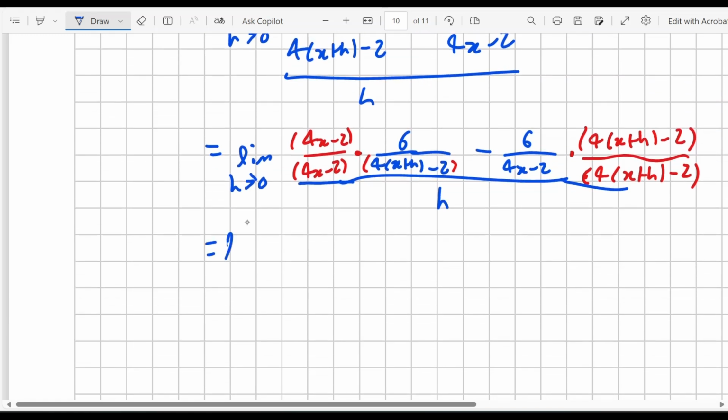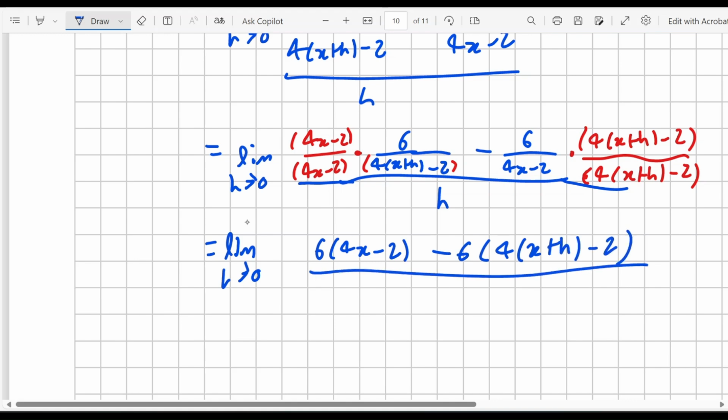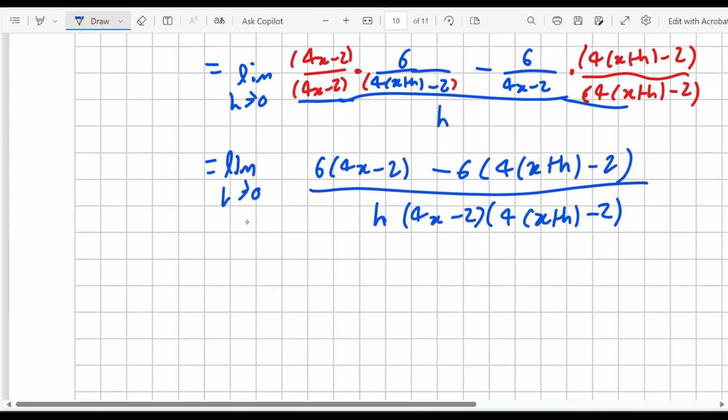So this is the limit as h goes to 0. It's going to be 6 lots of 4x take 2, take 6 lots of 4 brackets x plus h take 2. Common denominator is 4x take 2 and 4 brackets x plus h take 2, and the h comes up with that as well.